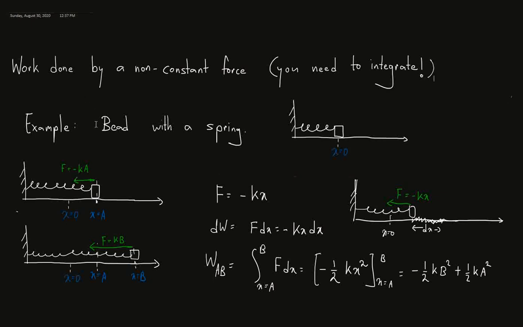So recall that the force acting on an object due to a spring is proportional to the extension or compression of the spring from its equilibrium position. The common way to choose coordinates in this case would be to take x equal to 0 at the equilibrium position of the spring.